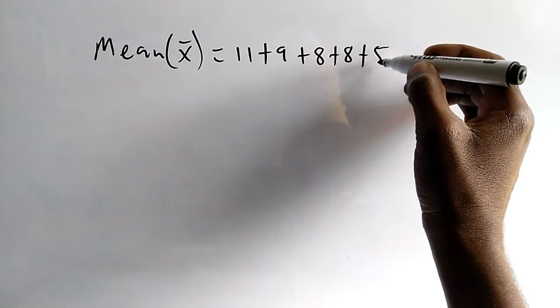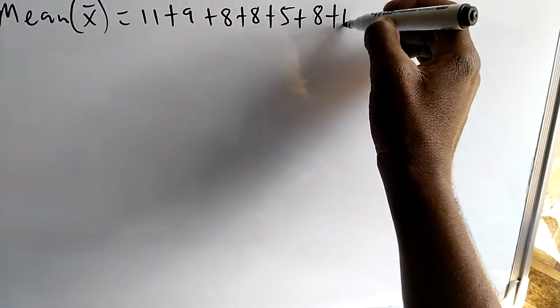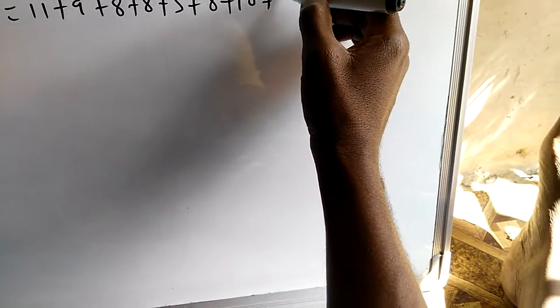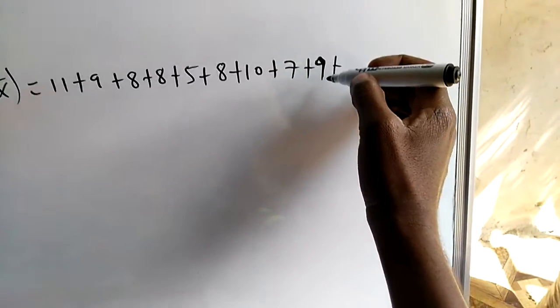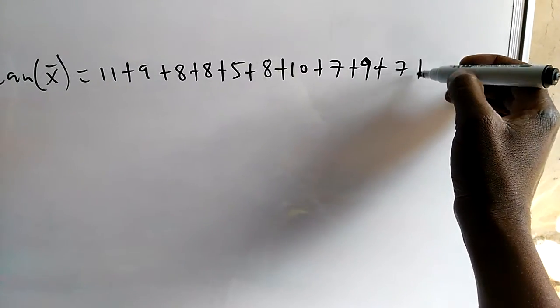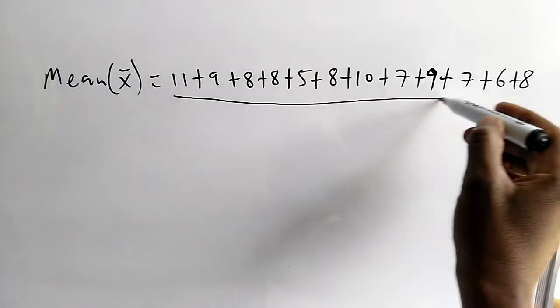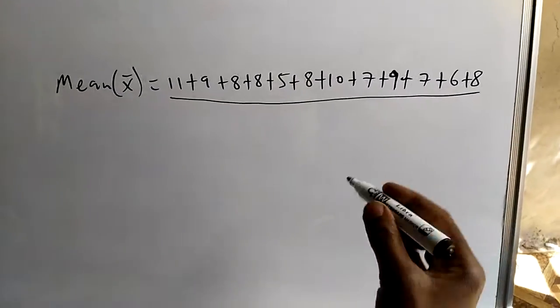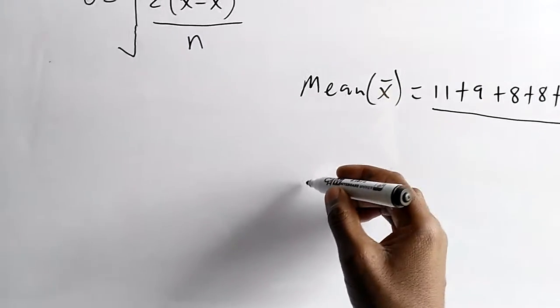Plus 5, plus 8, plus 10, plus 7, plus 9. Plus 7, plus 6, plus 8. Divide by, how many are these? These are 12.